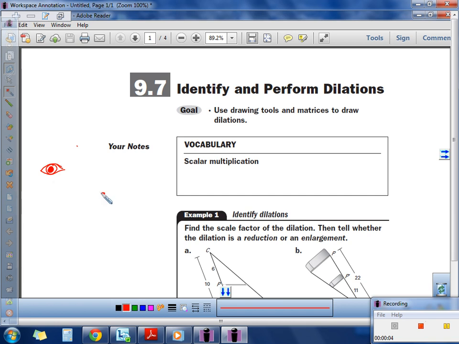So it's whenever your pupil starts small and ends up a lot larger, but it stays the same shape. This is an example of a dilation. Another picture example would be this little triangle dilates to that triangle. To do that, you could multiply by a scale factor.